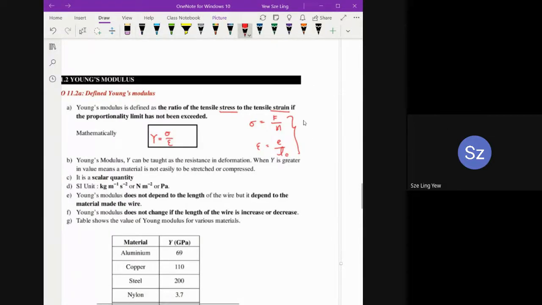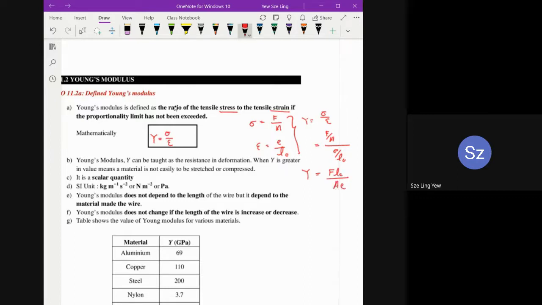So you have Y equals sigma over epsilon. So it equals F over A divided by E over L naught. Rearranging the equation, you flip it over. So Young modulus can also be written as FL naught over AE.